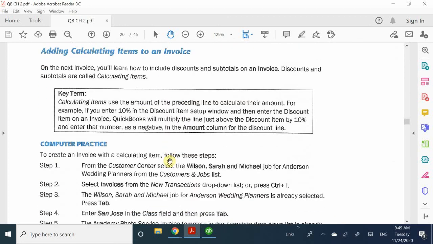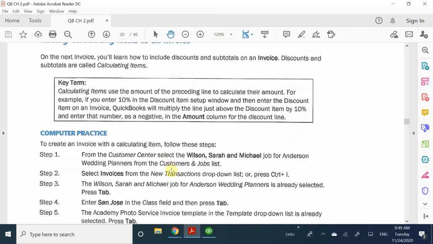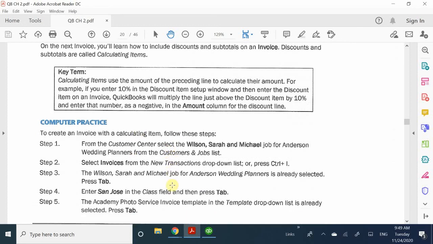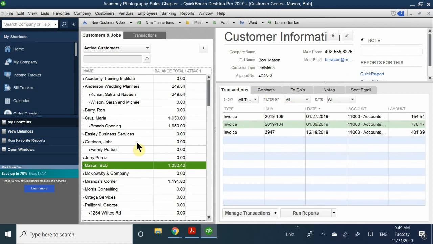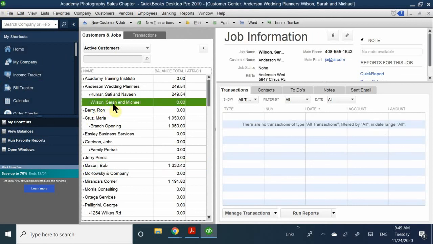So here we're going to create another invoice for Wilson and Sarah, for Anderson Wedding. Since I'm already in my customer center, I'm going to identify Anderson Wedding. And here we go. I have Wilson and Sarah right here.